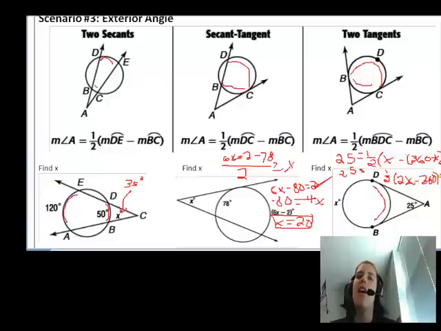Okay, so if I take half of everything that's inside those parentheses, we now have 25 equals, I'm going to come on down here below because I'm running out of space, 25 equals x minus 180. And if I add the 180 to both sides, then we've got our answer. My angle comes out to be 205 degrees.